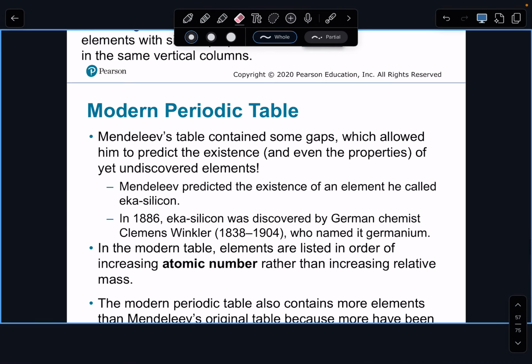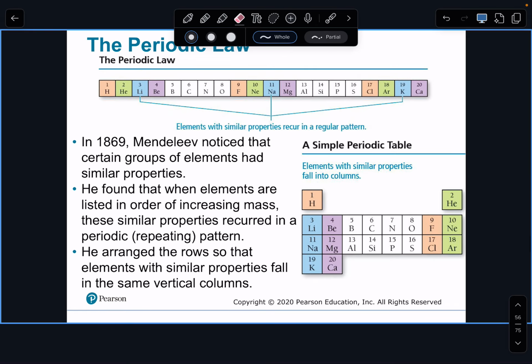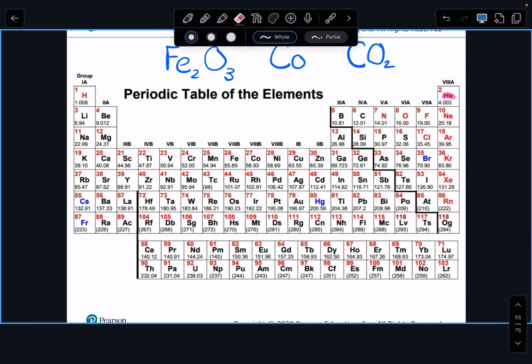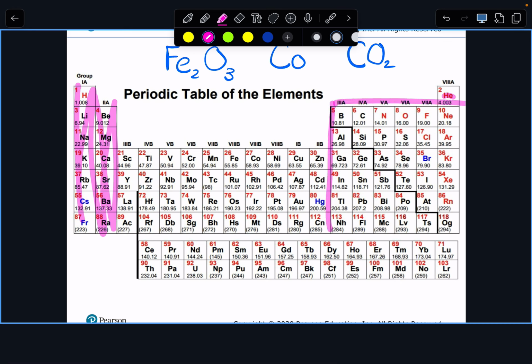Okay, here's the exciting part of the story. So he's going along and doing this, and I guess I need a periodic table. There we go. Primarily this is for the main group elements. So this side here and this block over here, we consider those the main group elements because they are the most predictable. The ones in the middle are called transition metals.